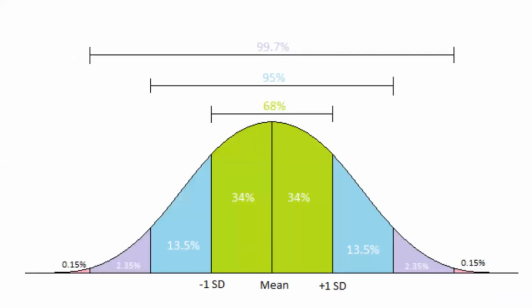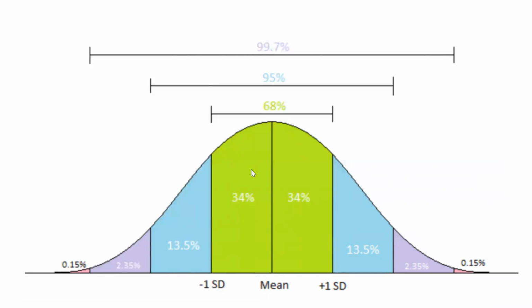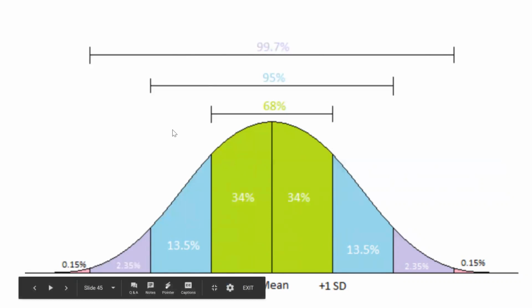Another thing, as you read Hatcher, there's a lot in there about the distribution of scores. Really, the main thing I want you to know is that most scores fall between 1 standard deviation below the mean and above the mean. 68% of scores fall about here in a normal distribution. 95% of scores, let's say we're talking about IQ again, fall between 2 standard deviations above and below the mean.